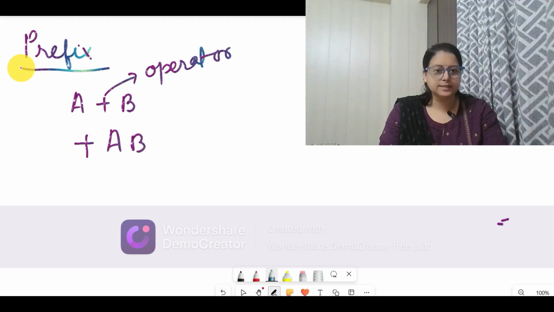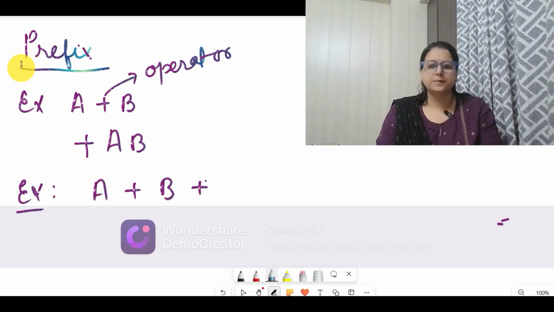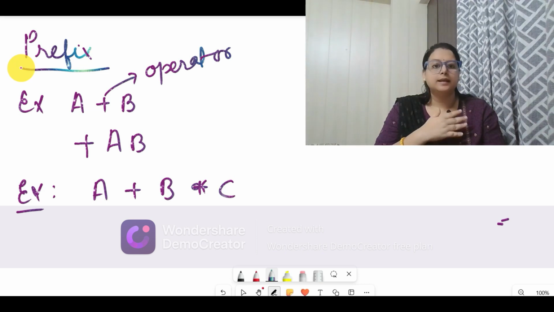So this is possible when there are two operands and one operator. But what if a combination comes? This is the first example. Let us see the second example. If A plus B multiplied C comes, then what happens? We said already that the rule is to keep the operators first and then the operands.